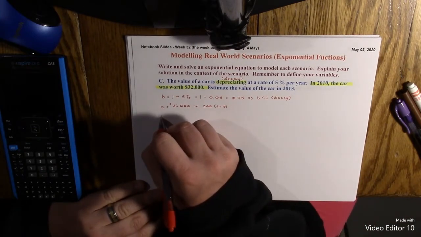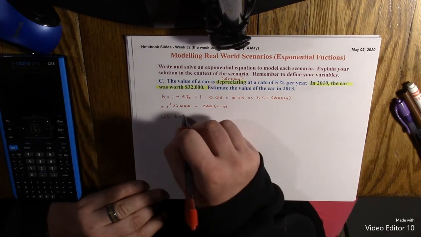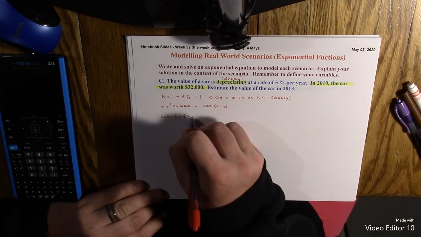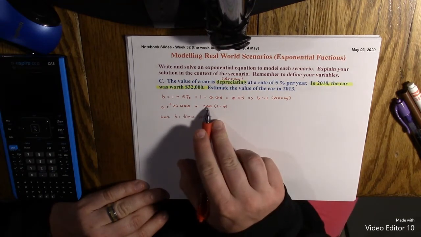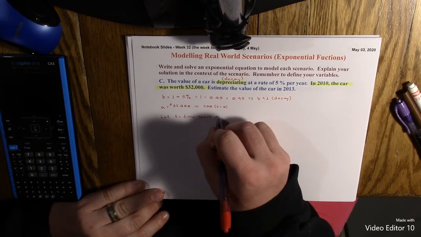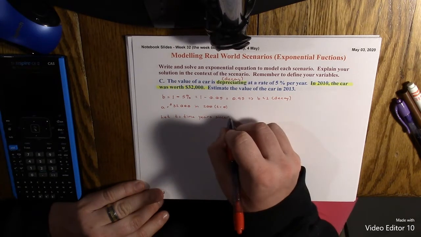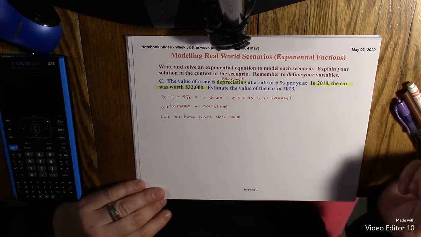So using a variable, let's go ahead and define that. We're going to let t equal time in years. But it's not just any number of years. We have to remember 2010 represents t equals 0, so it's time in years since 2010. Okay?